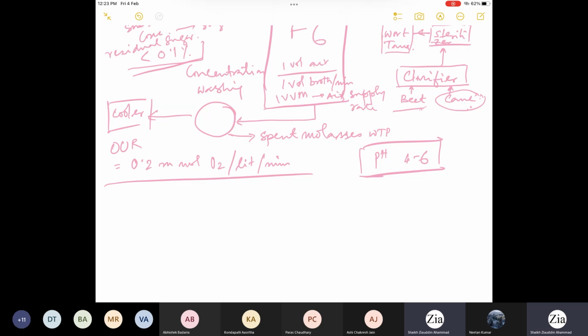Both of them are quite important. If you really need good quality yeast, it is better to use a mixture of beet molasses and cane molasses, because beet molasses has almost 5 times higher nitrogen content than cane molasses.